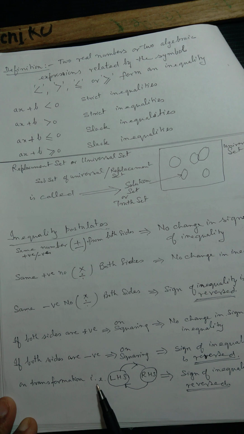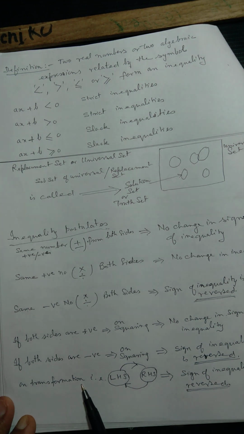It is separate from transposing. Transposing means we are just shifting particular things, be it constants or variables, from one side to the other. But here we are reversing the complete process, and at that time the sign of inequality will be reversed.